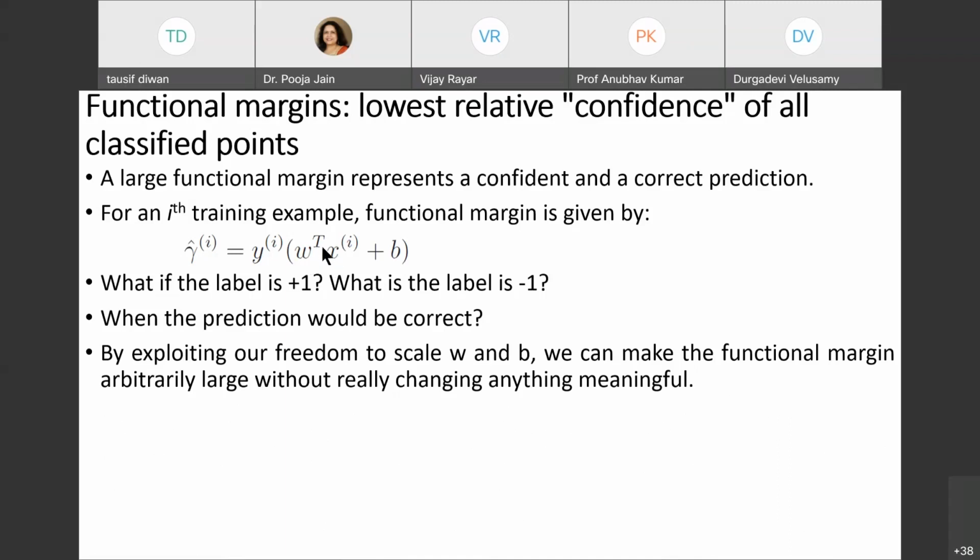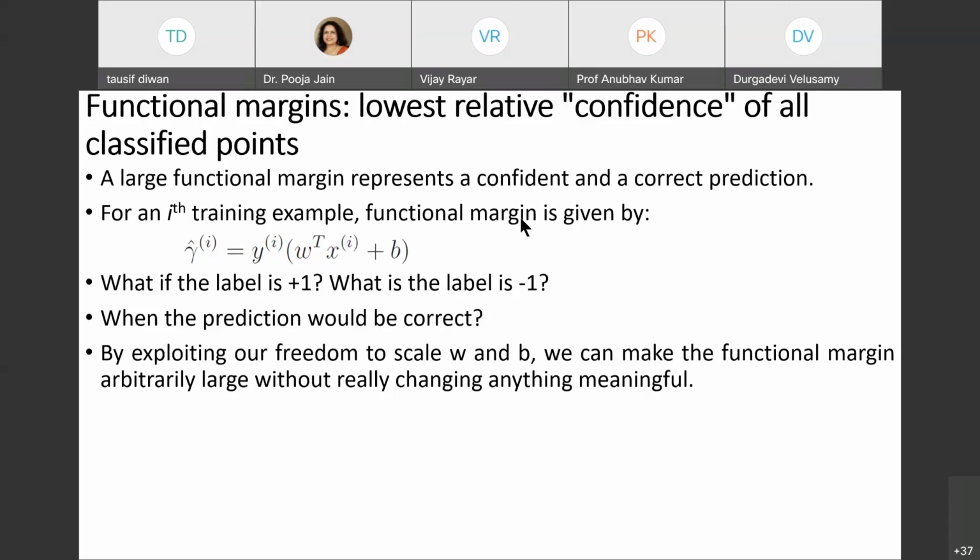If W transpose xi plus B is positive, then twice W transpose multiplied by xi plus twice B would also be positive. Instead of this W, we can consider 100 times W transpose multiplied by xi plus 100 times B. That is also positive. So we can increase or decrease this W, so we have the choice to increase or decrease this functional margin.